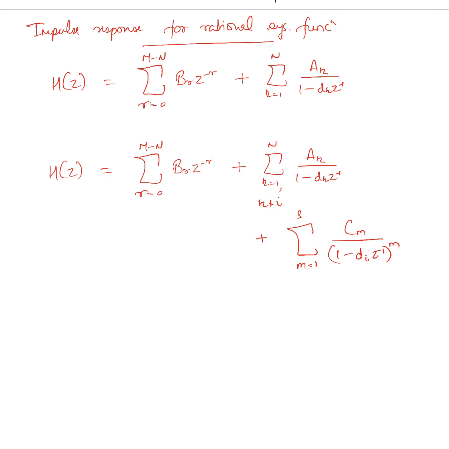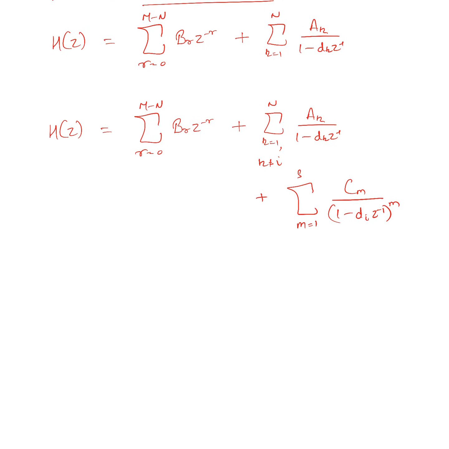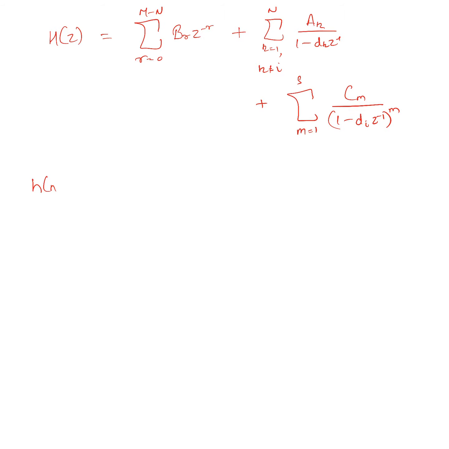Now carrying forward with the first expression, if the system is assumed to be a causal system, then we had seen that the ROC would be outside of all of the poles, and it follows that h(n), with respect to the first expression, can be expressed as the summation of r equal to 0 to M minus N, b_r delta(n minus r), plus the second summation, k equal to 1 to N, a_k d_k to the power n u(n).